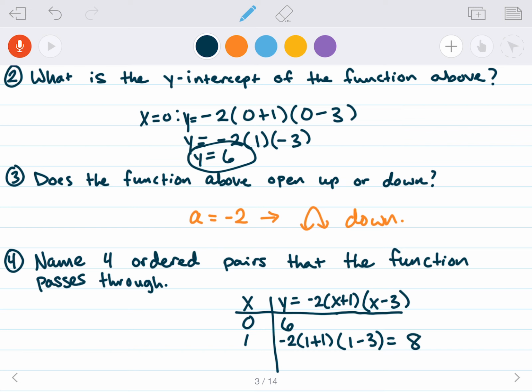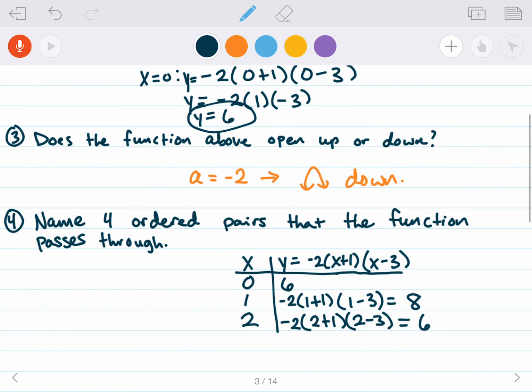We could plug in 2 and get negative 2 times 2 plus 1, plugging in 2 for x this time, times 2 minus 3. And I get negative 2 times 3 is negative 6. Negative 6 times negative 1 is a positive 6.